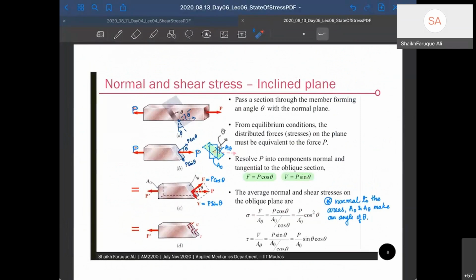Sir, what if the beam is bending and we have to take shear for bending? So for bending, we should take the tangent to the curve and then try to find the shear, right? Archis, we are not talking about beams here. We are talking about only axial members here.